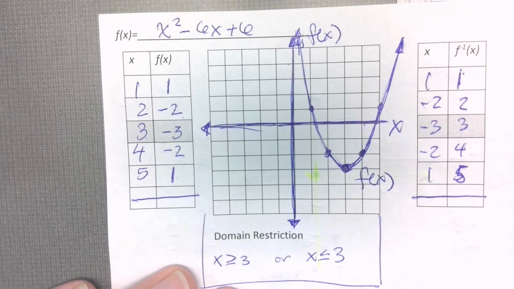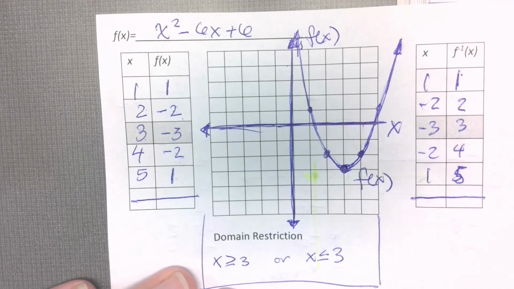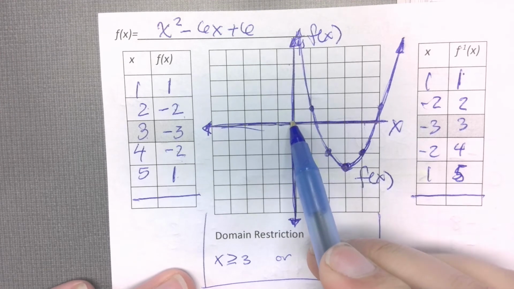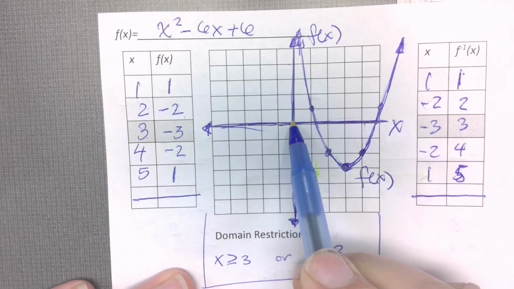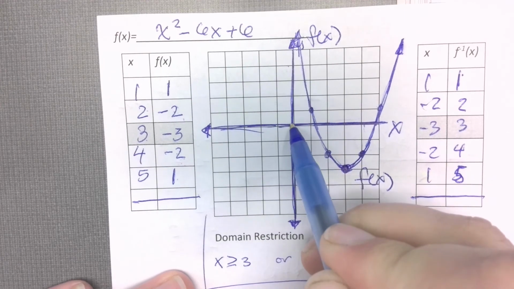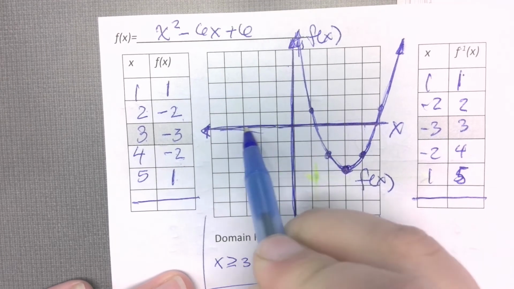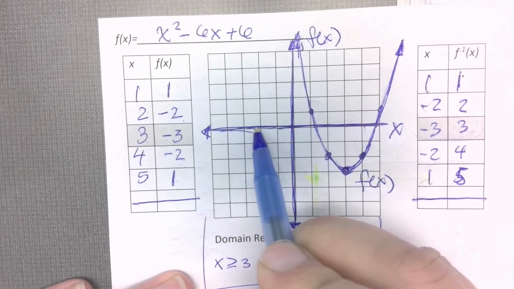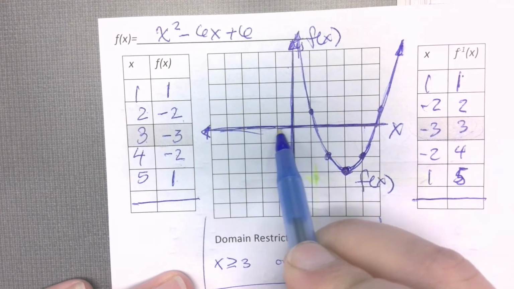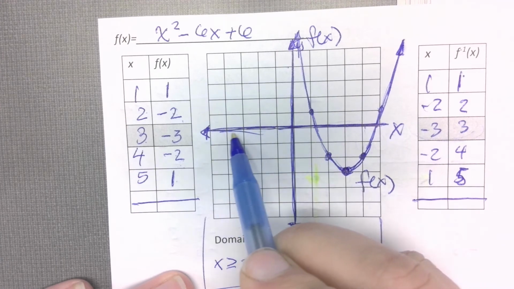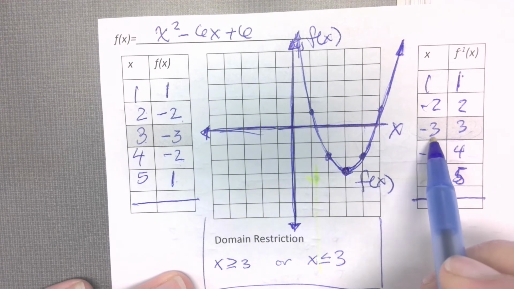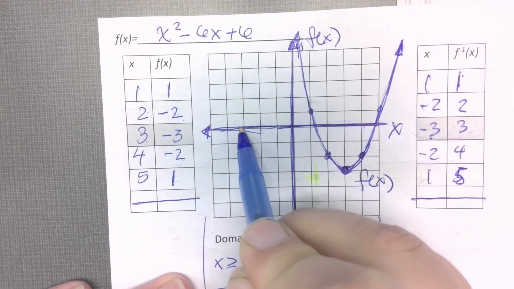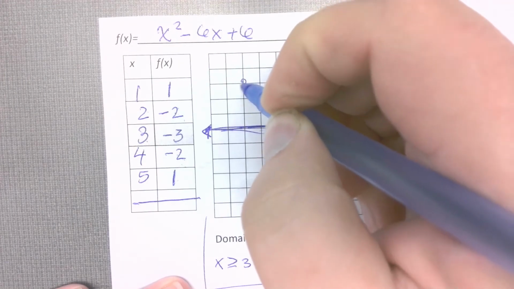Michael, can you help us graph the inverse? Help me get the vertex in the right place. Where do I go? Left, right, up, or down? How many? And then where do I go?